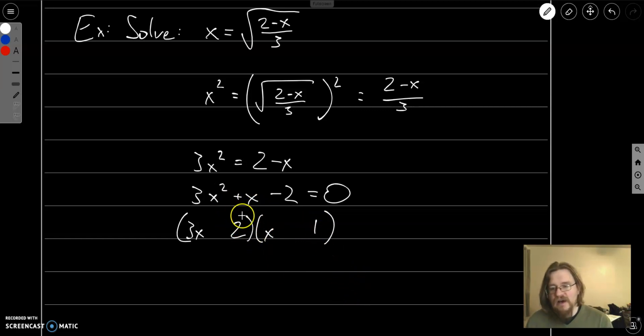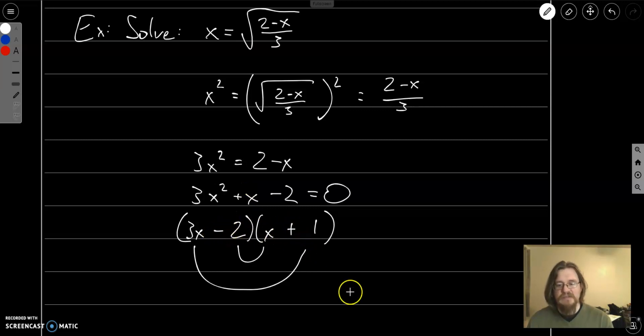I'm going to take the 2 times the x and the 3x times the 1, and I want to add it up to be positive x. So I'm going to put a negative there and a positive there. Why? 1 times 3x, negative 2 times x, and that adds up to the x that we see in the middle. So everything works out.